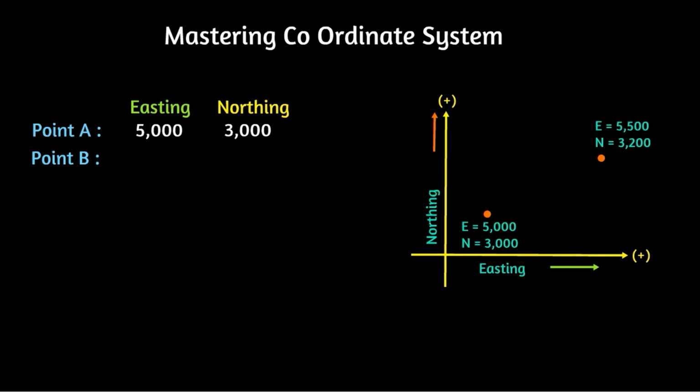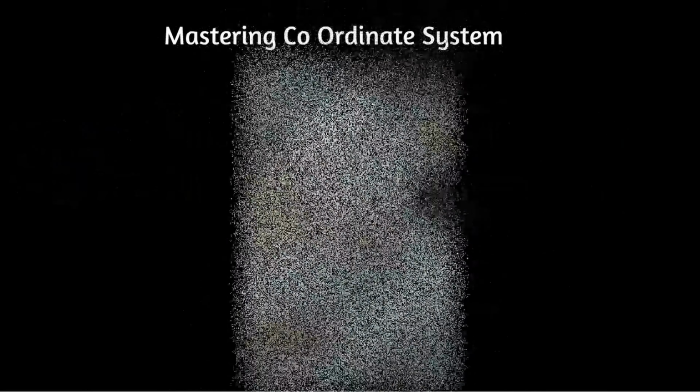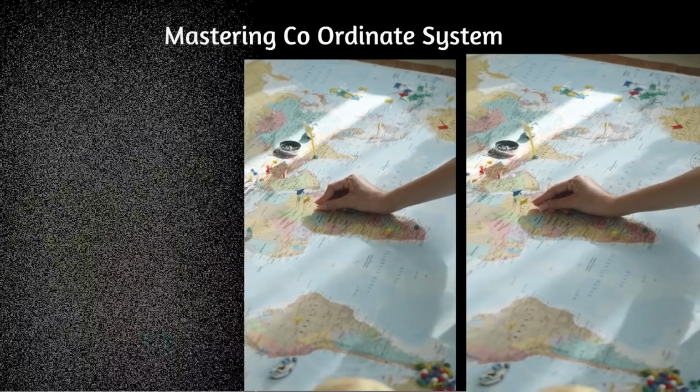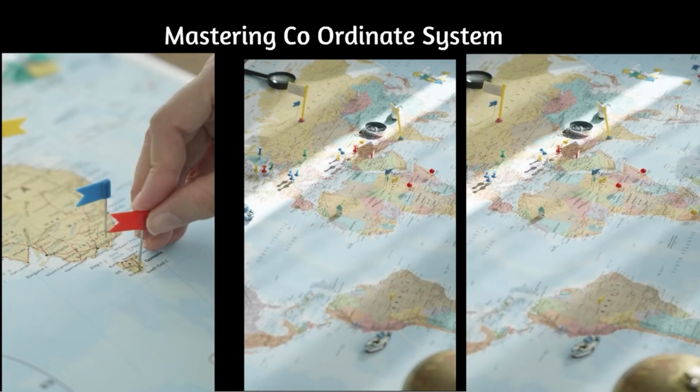Point B easting equals 5,500, northing equals 3,200. The difference helps calculate distance and angle between the 2 points, as we covered in the previous chapter a few minutes back. These types of measurements underpin urban planning efforts, allowing for effective land use and infrastructure development.